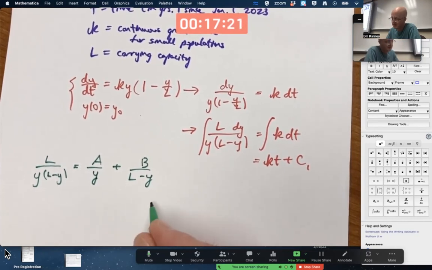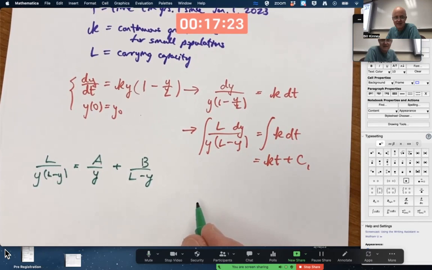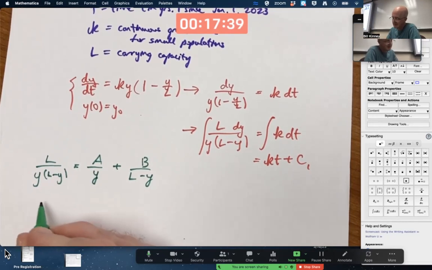Solve for a and b where this is true. You will be able to do it. There are two values of a and b that will make this equality true for all y, where these functions are defined, which means we don't include y equals 0 or y equals L. However, it's a little funny in solving for a and b.